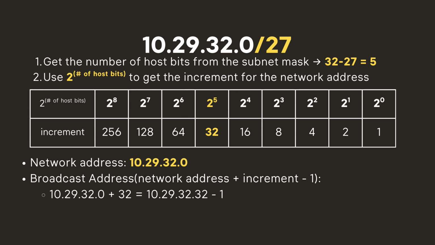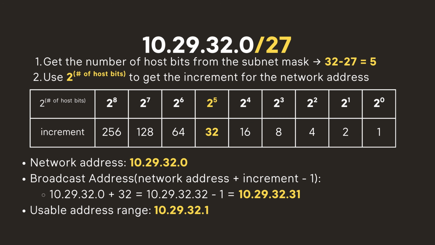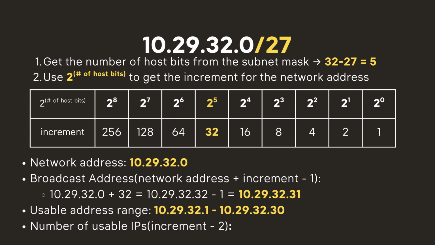Subtracting 1 would be 10.29.32.31, which would be our broadcast address. Then everything in between would be the usable address range, which is 10.29.32.1 to 10.29.32.30. And for the number of usable IPs, you can use the formula increment minus 2, which is 32 minus 2 is equal to 30.